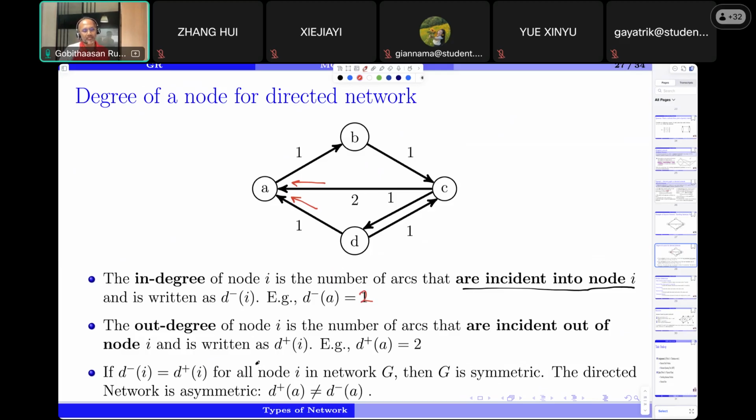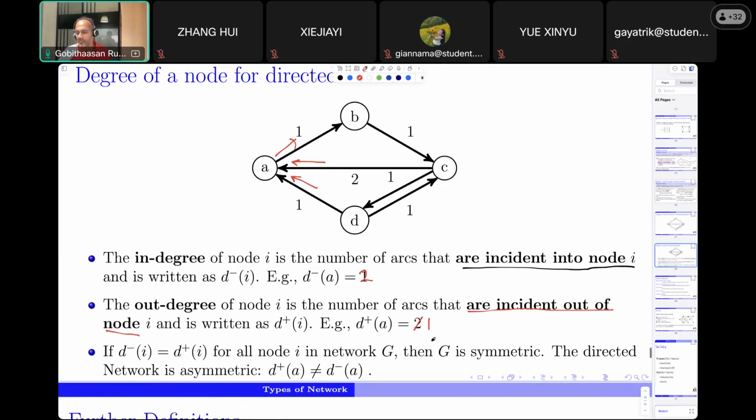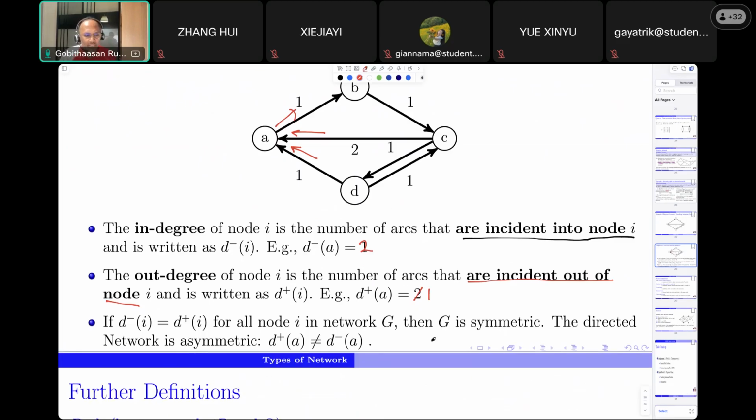Yeah, there's a typo there. The out degree is the number incident out of node I, which is going out, as 1. Okay, please take note, there's a typo. I'll correct it and I'll post it tomorrow.